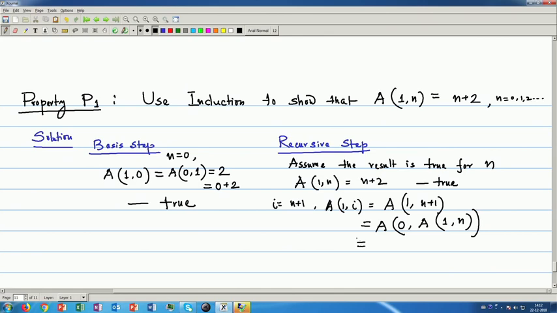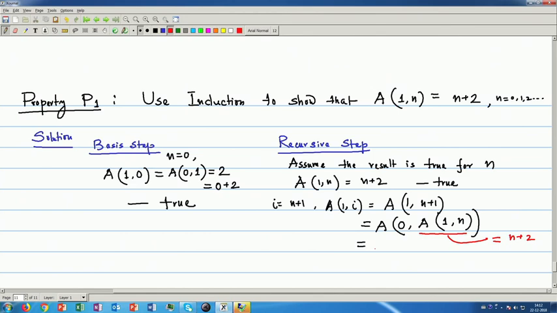Now, according to the principle of mathematical induction, this conjecture is already true for A(1,n) and that value equals n plus 2.